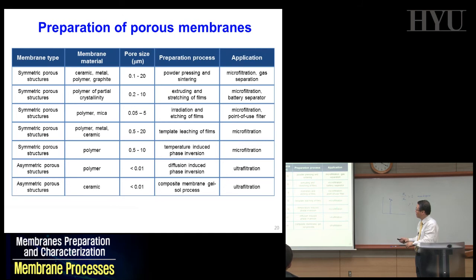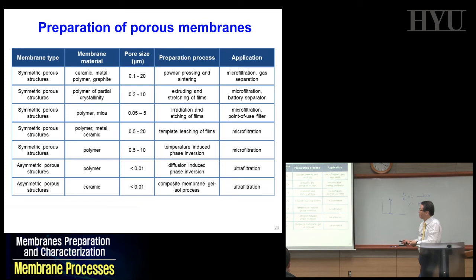If I have larger pore sizes, ranging from a few hundred nanometers to tens of microns, then we have microfiltration. Ultrafiltration requires only about 10 to 20 nanometers in pore size.